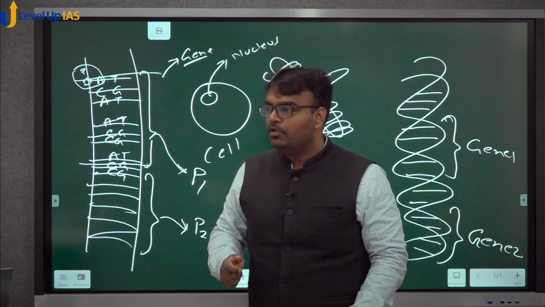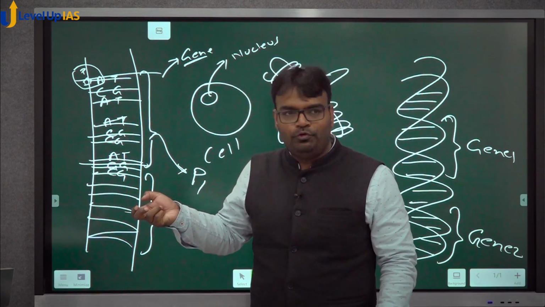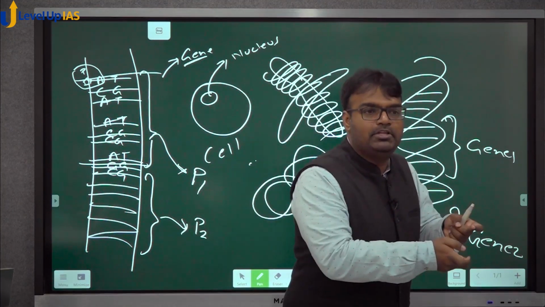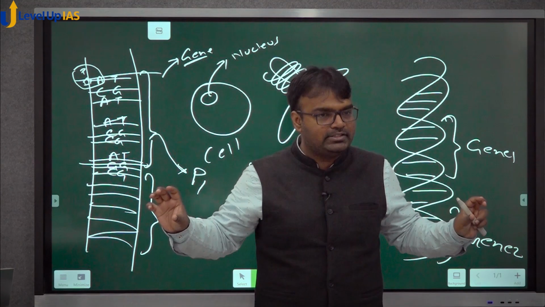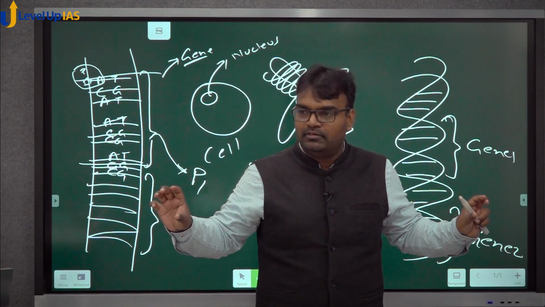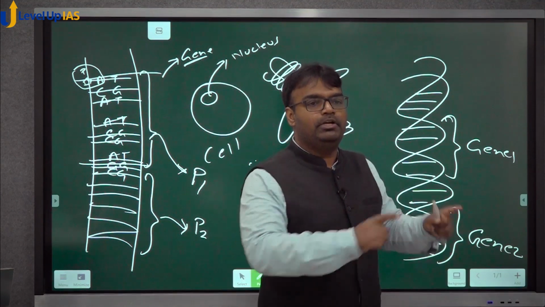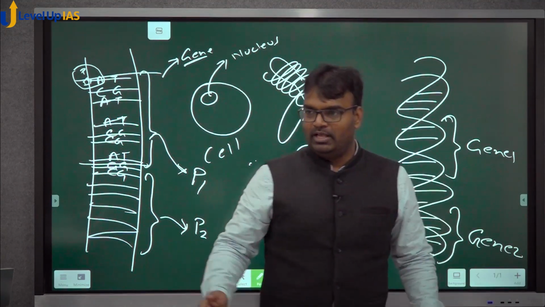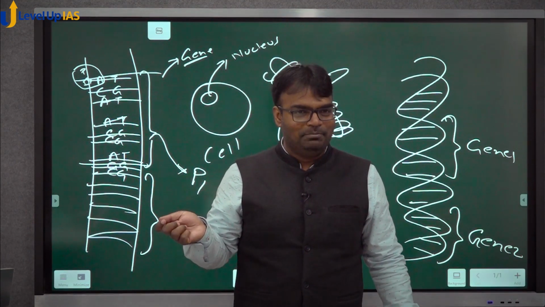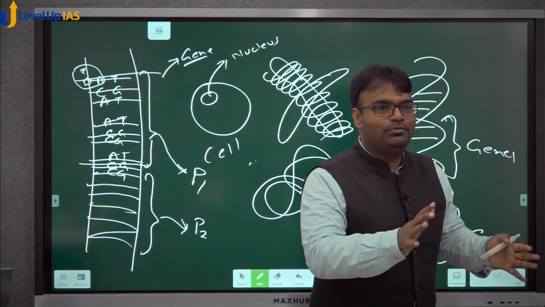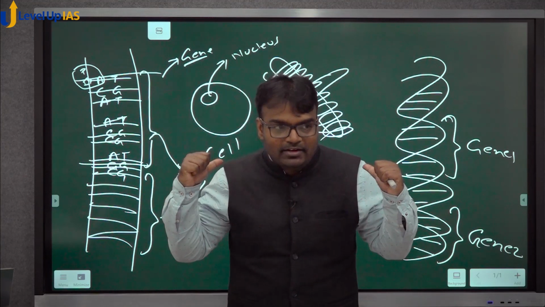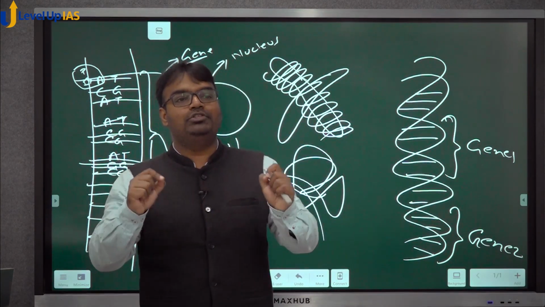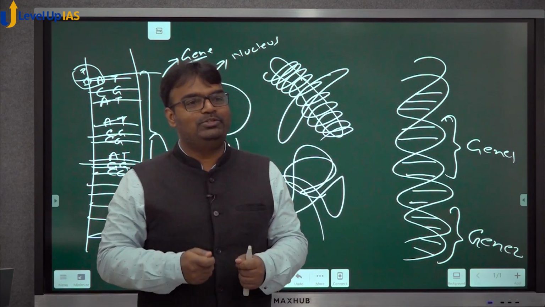It's something like you can take a brick out of one building and insert it in some other building because both the buildings have the same type of bricks. If this building was made up of big stones and you wanted to extract a brick from one building and put it there, it would not have fit. But here, it fits because all living organisms are using the same system.